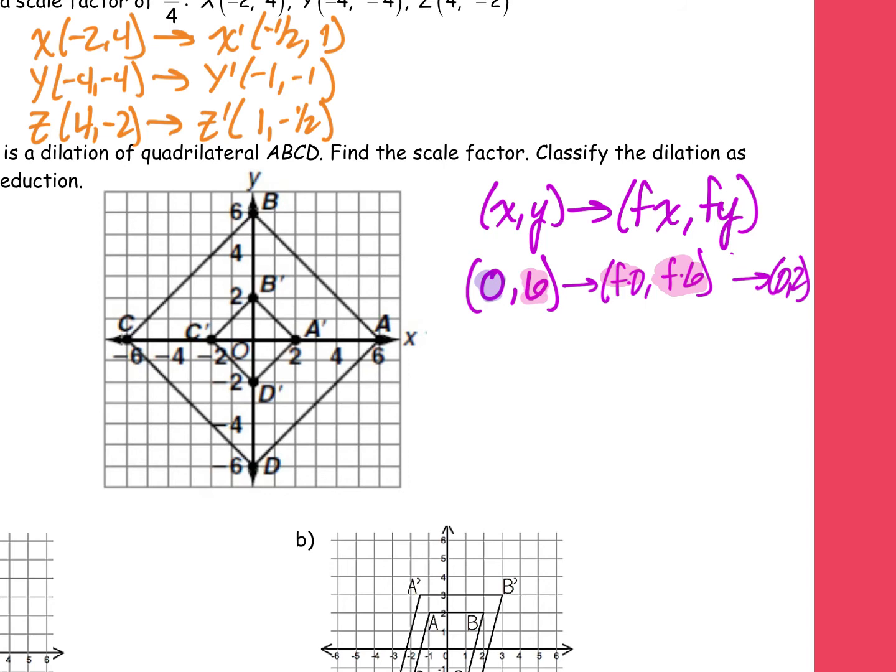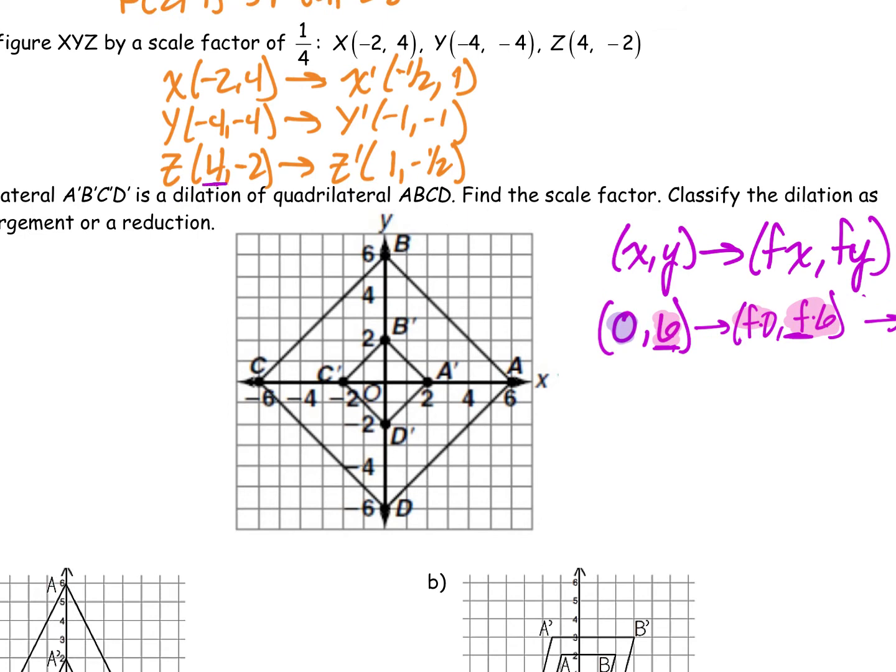What does F times 6 have to equal? It has to equal 2, right? When I take this point and multiply it by F, I need to get 2. 6 times some number has to equal 2. Isn't that what we were doing up here? I was taking this number, multiplying it by something, and getting this number.